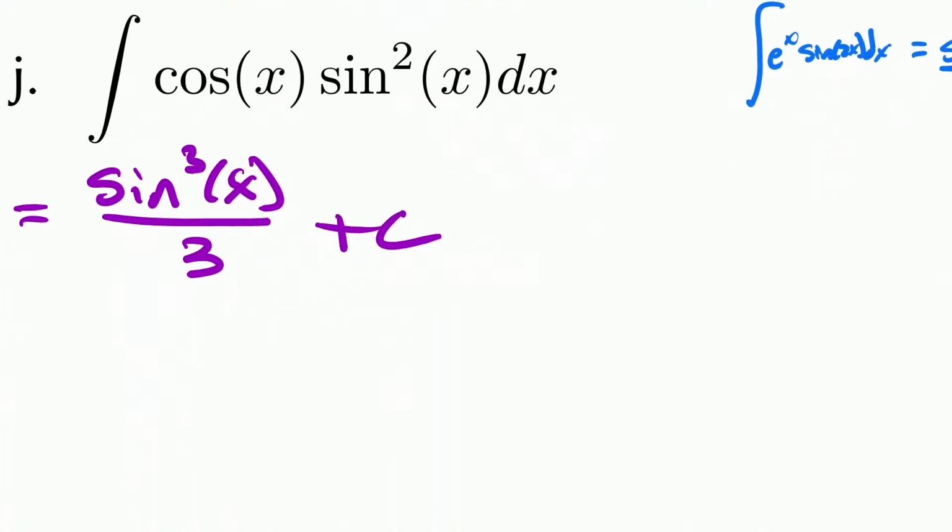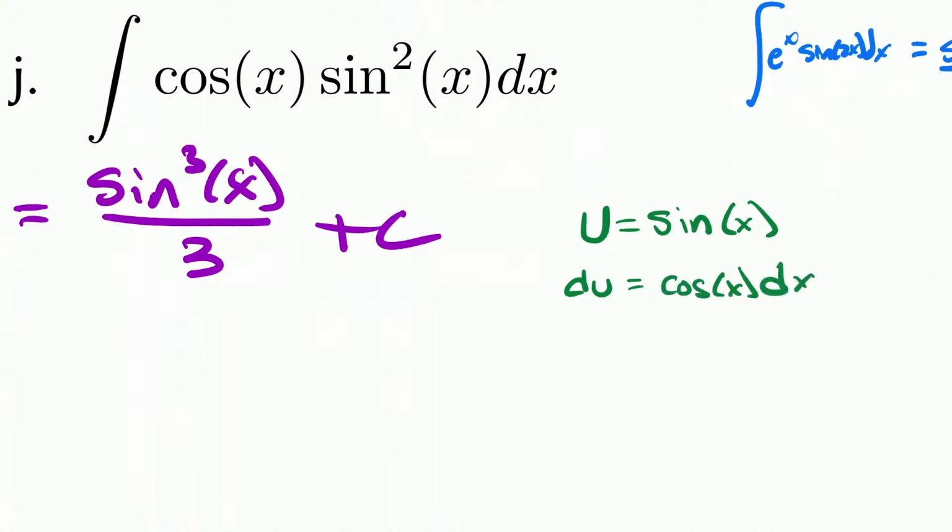Here's the way I'm doing this: u is equal to sine of x, and the derivative of u is the cosine of x. So anytime you find a situation where there is a function, sine of x, and its derivative, cosine of x, lying around, you probably can exploit that to do integration by substitution.